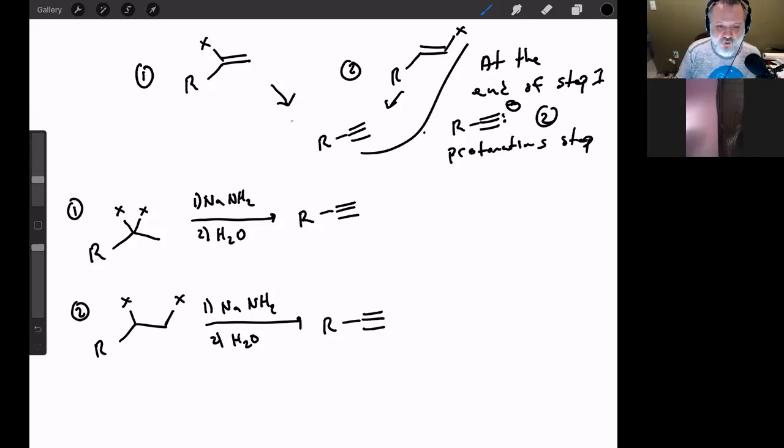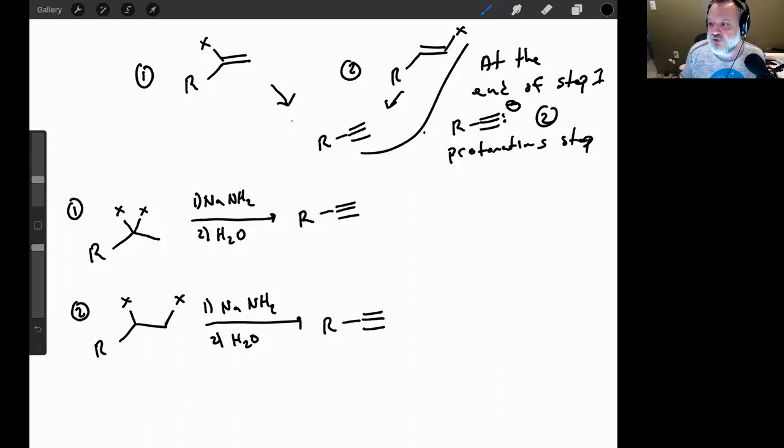So here's 2 new reactions, or really it's 1 new reaction. It's the formation of an alkyne from a dihalide. And the dihalide could be where the halogen is attached at the same position or on adjacent carbons. So these are alkyl dihalides.